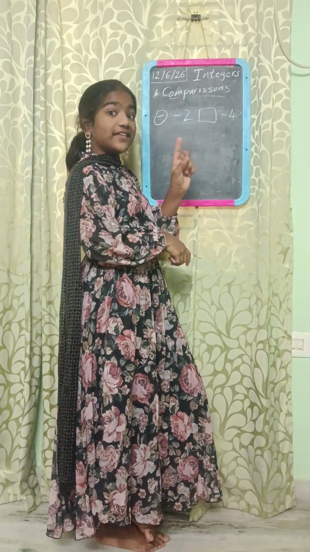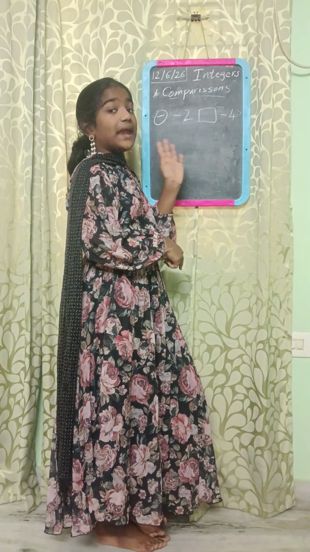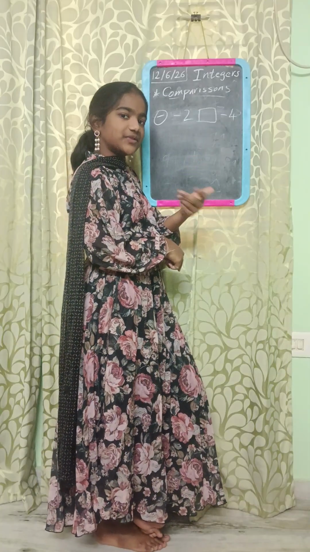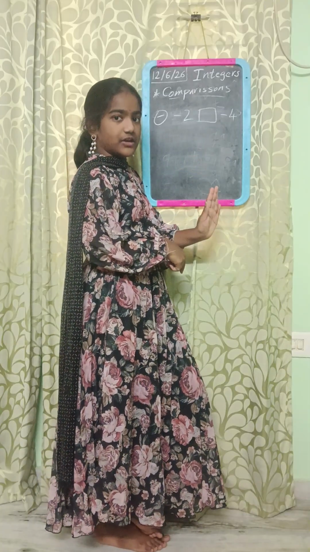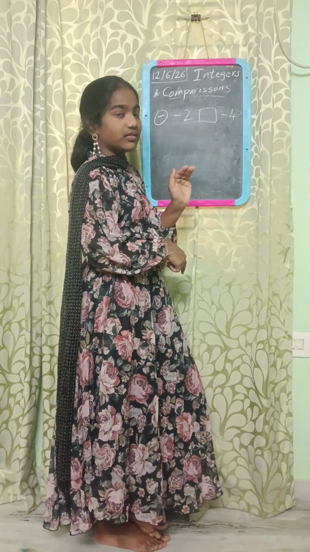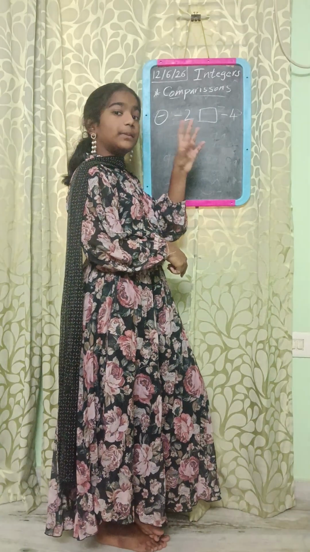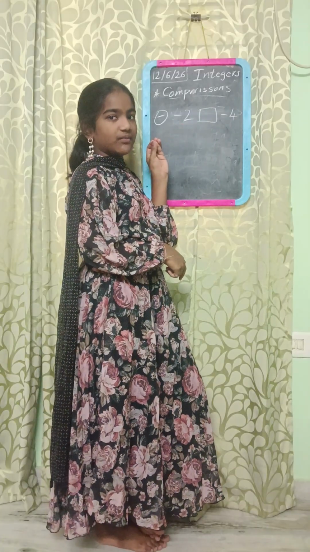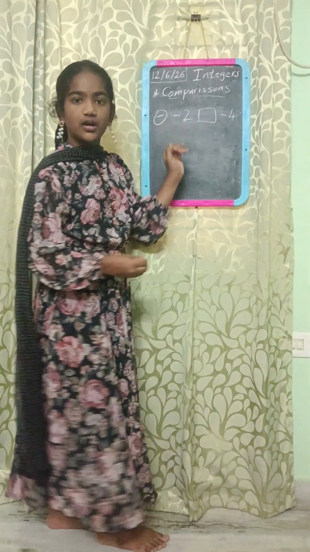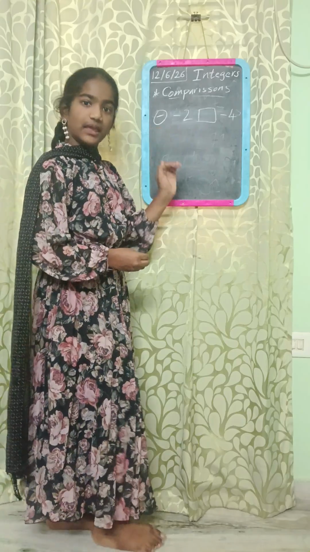No, that is in the positive case. In positive case, the highest number will be highest in comparisons. But in the negative case, the smaller one will be the greater one. Okay, because the number line will be decreasing in integers.